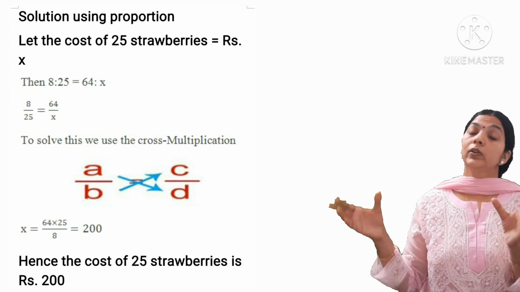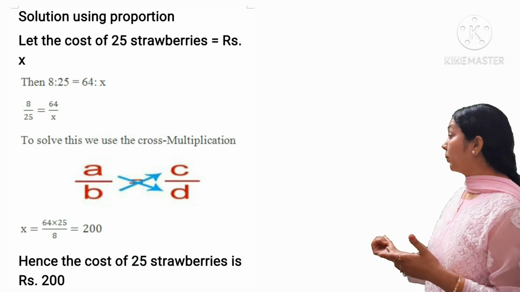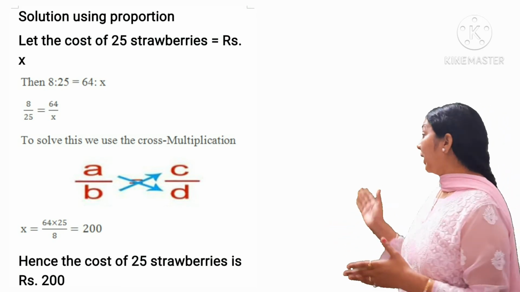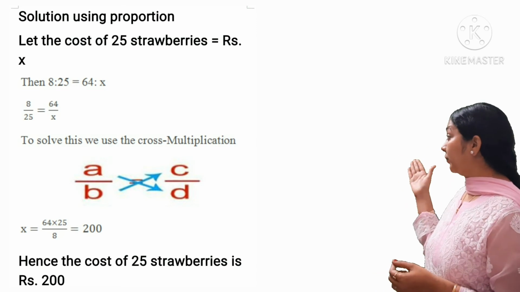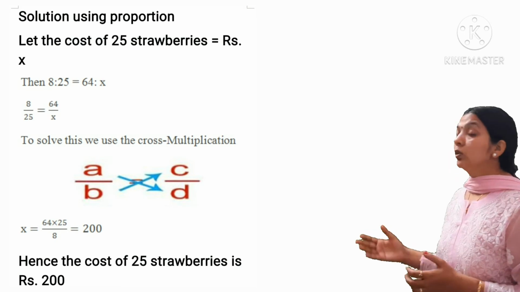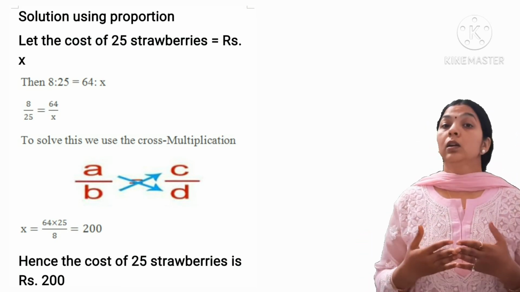Now we will convert them into fractions. That is 8 upon 25 is equal to 64 upon X. By cross multiplying, we will get the value of X is equal to 64 into 25 divided by 8, and this would result in 200. So this is how we use proportion to solve any question.